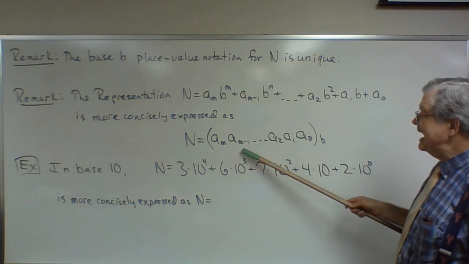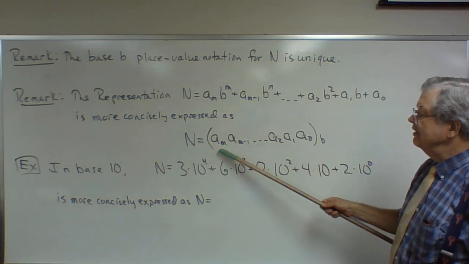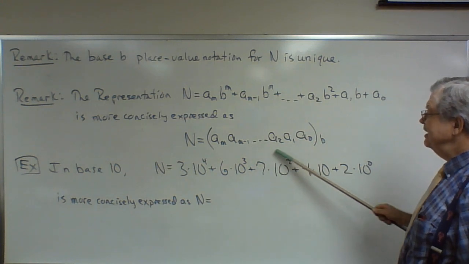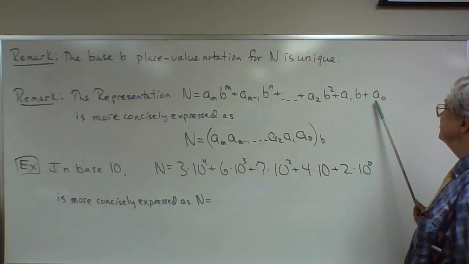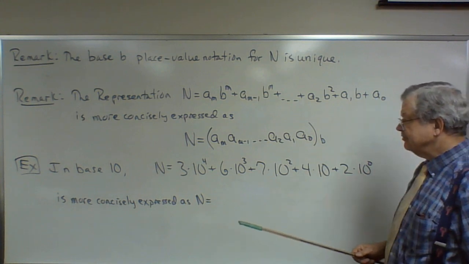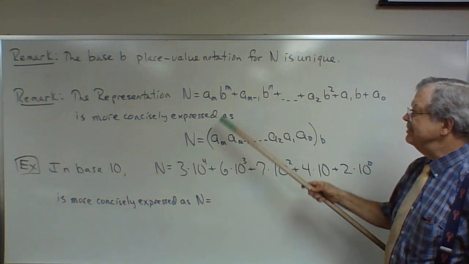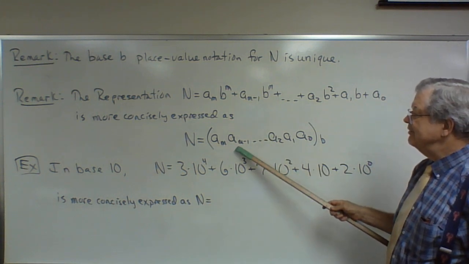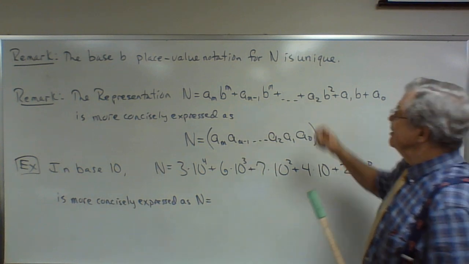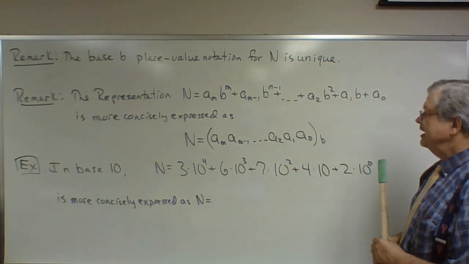They're just placed in a natural order from the coefficient of the largest non-zero power of B in descending order to the coefficient of the smallest power of B. So this is the coefficient of B to the m, this is the coefficient of B to the m minus 1, and so on.